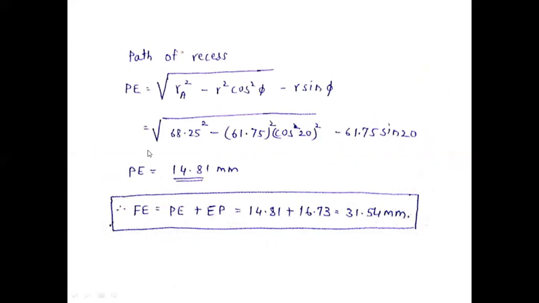After calculating, we get the value of PE equal to 14.81. So PE, the path of recess, plus FP, the path of approach, the summation of these two values, is the path of contact, EF. By adding both values, we get the path of contact as 31.54.